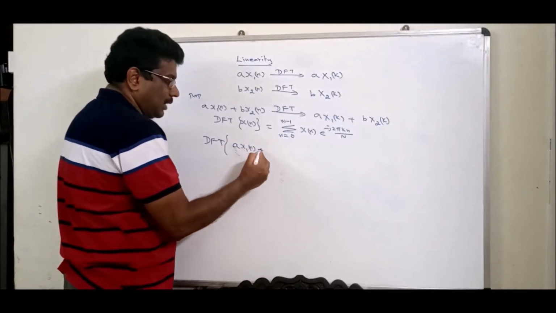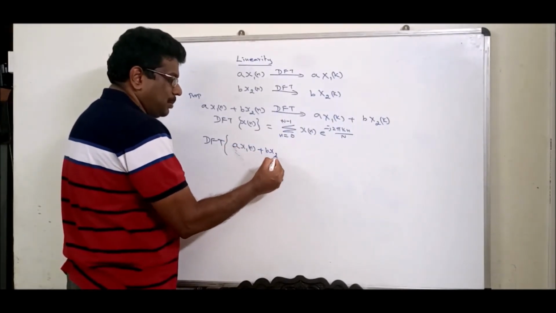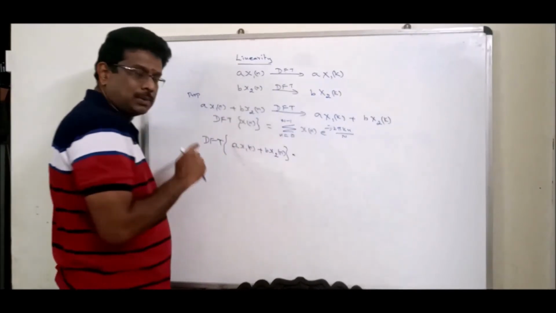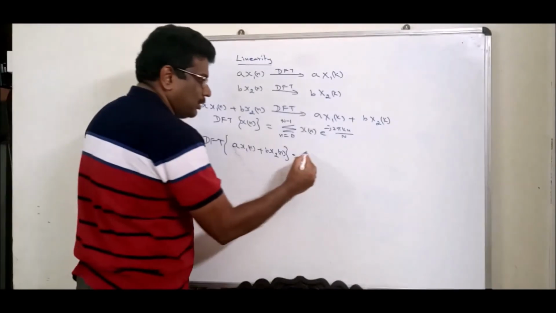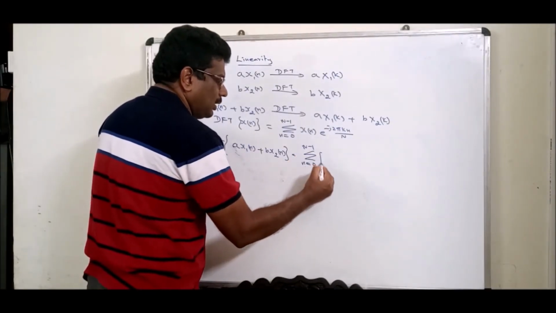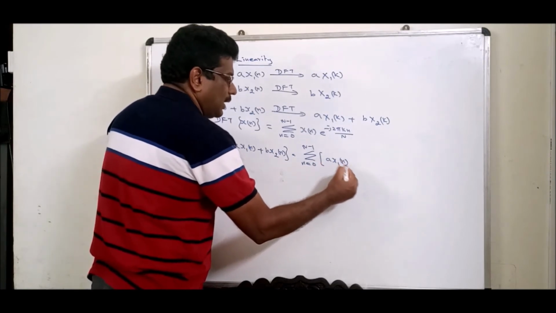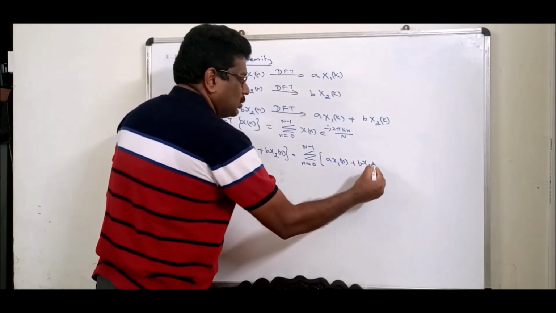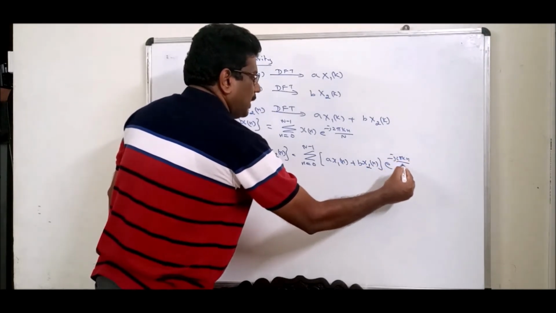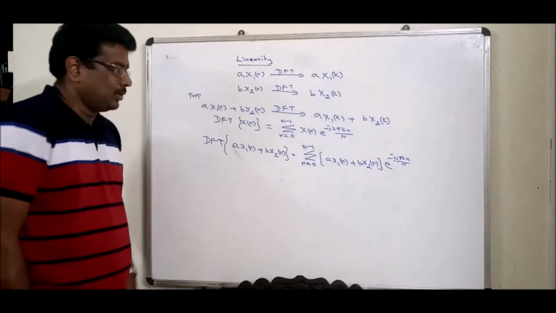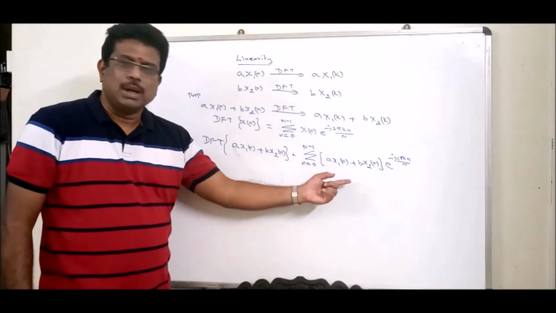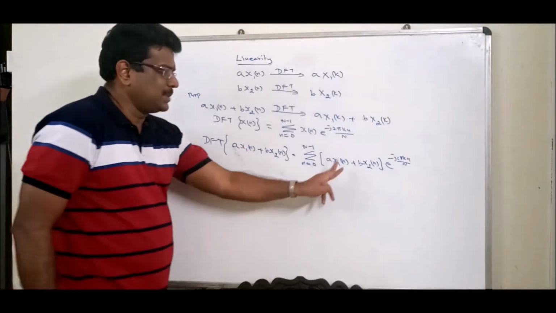What is the DFT of a x1 of n plus b x2 of n? Whatever the term, the same term I am going to write. Summation n equal to 0 to N minus 1 of a x1 of n plus b x2 of n, e power minus j 2 pi kn by N. So DFT of x of n is here, DFT of this term is here. Basic mathematics. Let us split this.